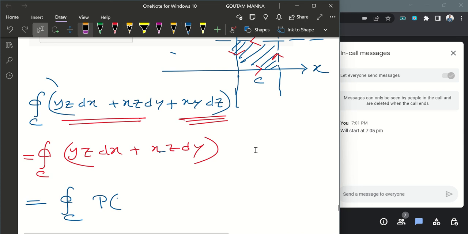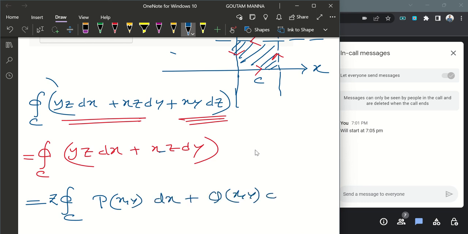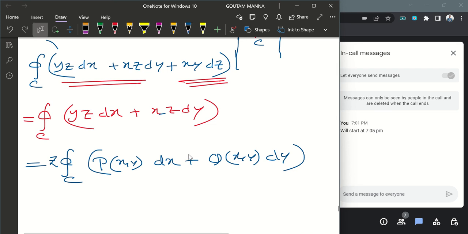Let's put z outside. Then it is p of xy dx plus q of xy dy, where p of xy is y and q of xy is x.